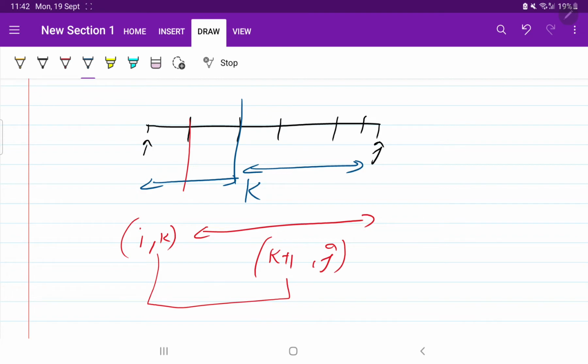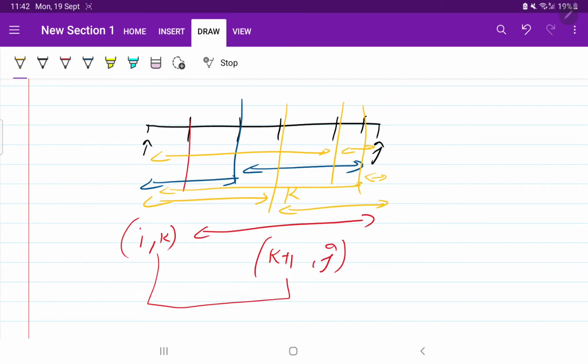This is the second partition possible. Let us use one more color. You can also partition from here to here and then here to here. So a lot of partitions are possible, and you need the result of each partition to get the final answer. The partition is not just from the midpoint. From the starting point to some value between I and j, you need all the partitions. At that time you can go for the MCM approach.